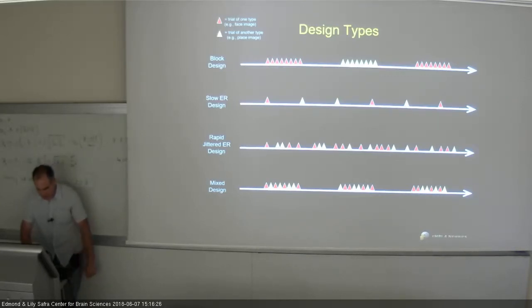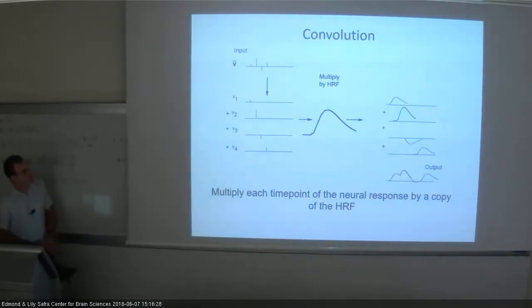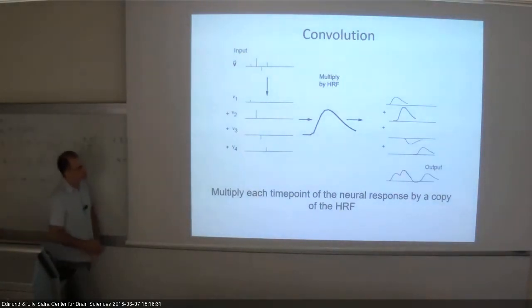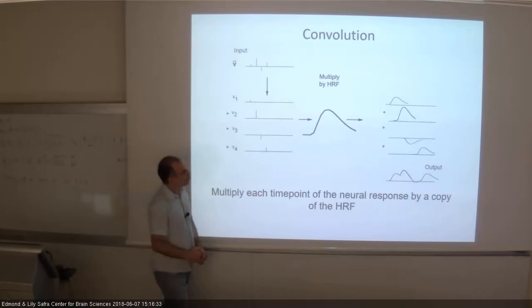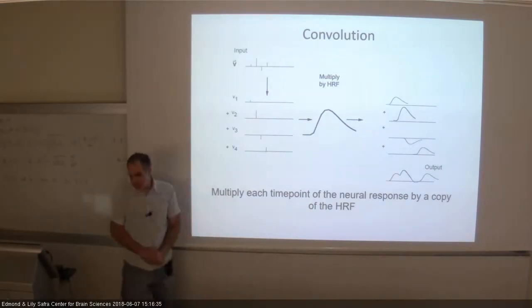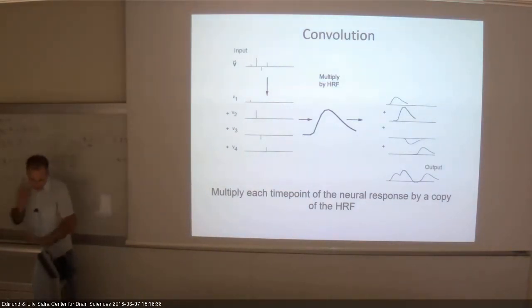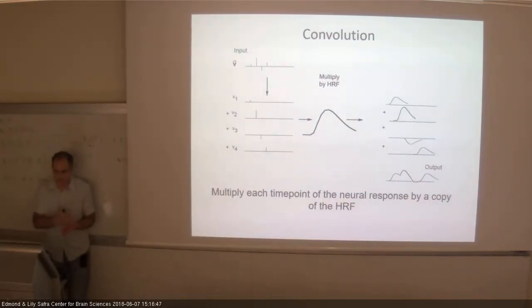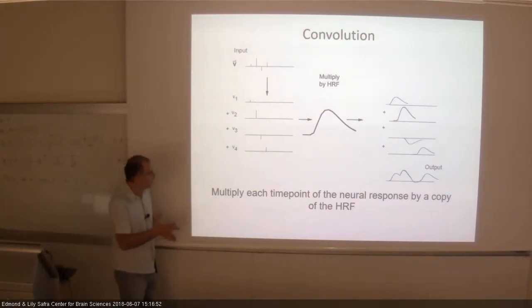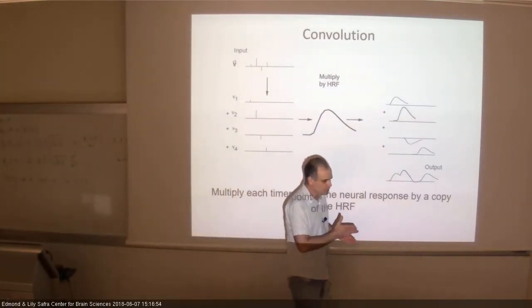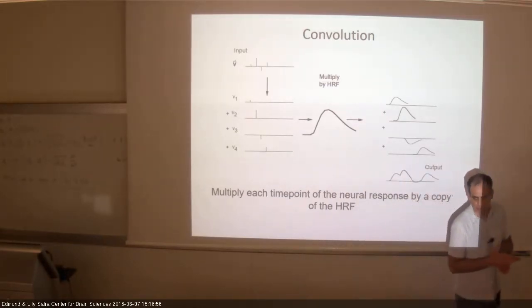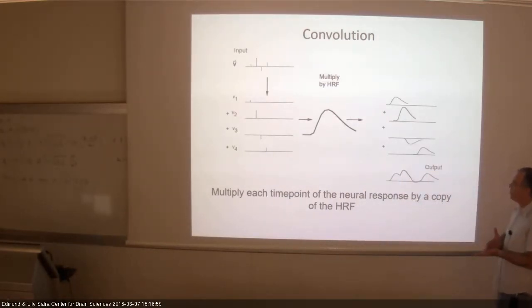It's just another small deviation of the typically used designs. So when we talk about our design and then our analysis of the fMRI signal, we talked about a convolution that we make with the onsets of the different stimuli, presumably driving neuronal activity. And we have to convolve it with the HRF form, which again, I'm sure you talked about with Aviv.